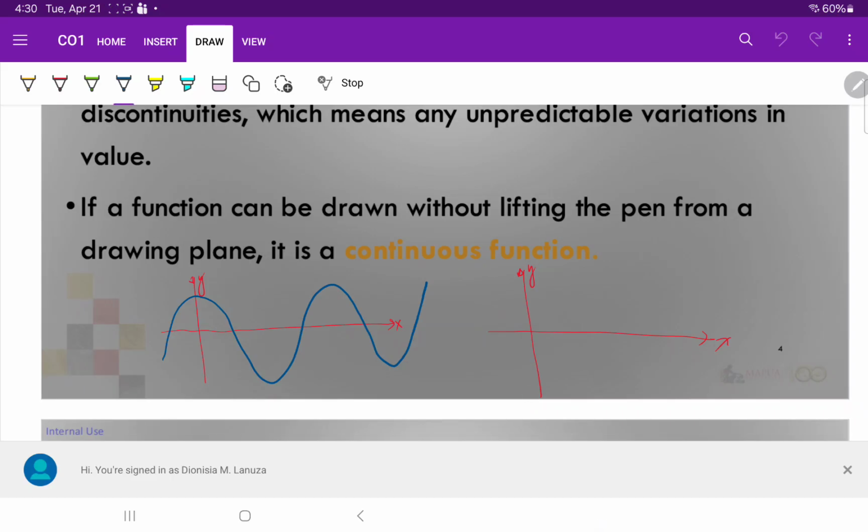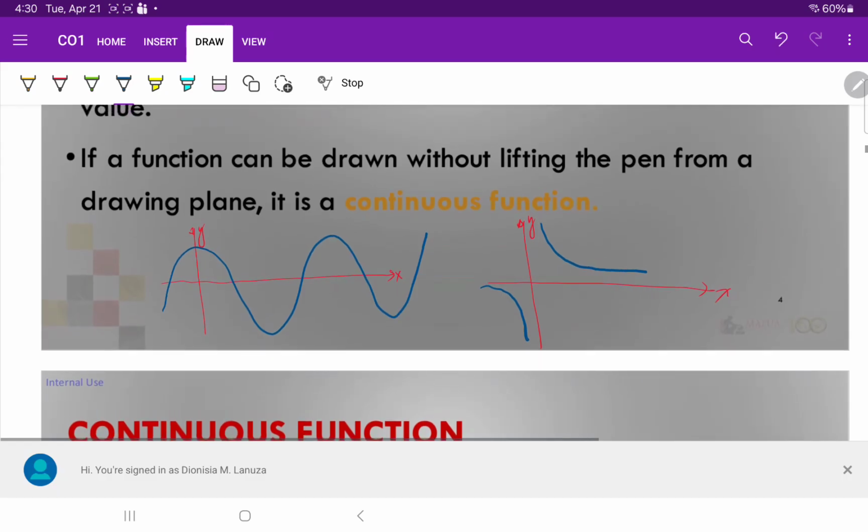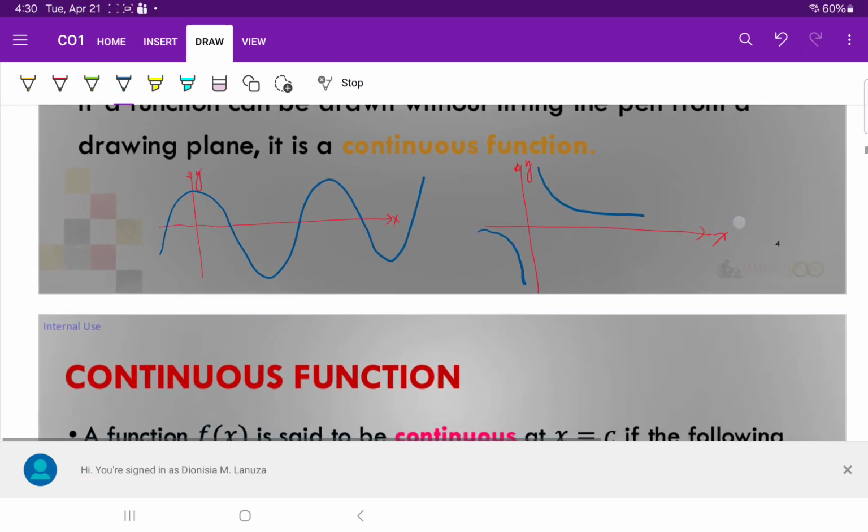You see that the graph goes this way. In the first quadrant, it looks like this, then we have this one. So for you to draw the graph of this second function, the graph of 1 over x, we lifted the pen. So that's the difference between lifting a pen and not lifting the pen.